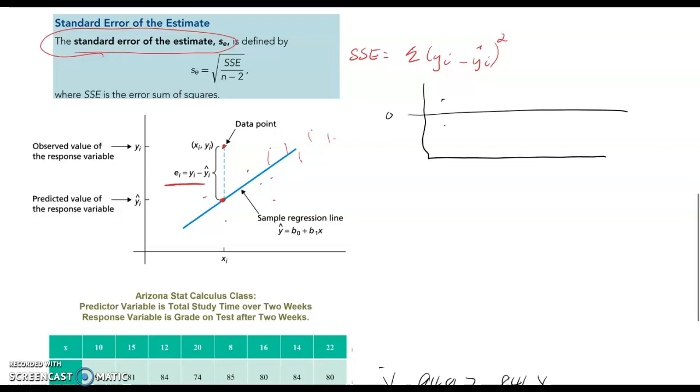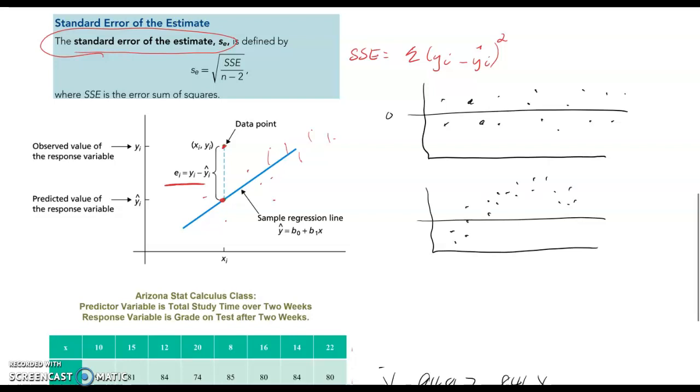Our residual plot ends up being these data values that fall somewhere around our zero line. Now, I'm going to give you an example of a couple different residual plots for a second. And a third one. Here's our zero line.